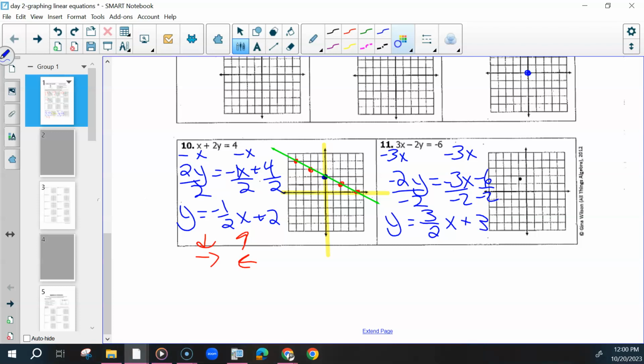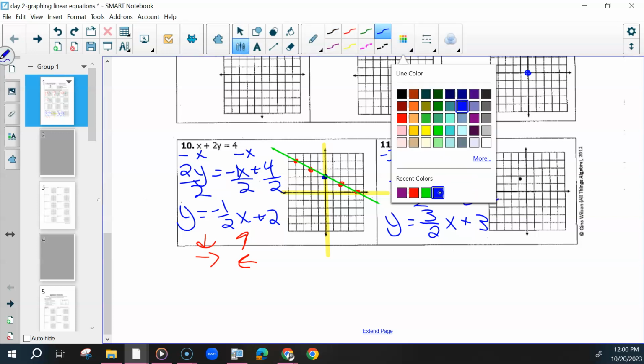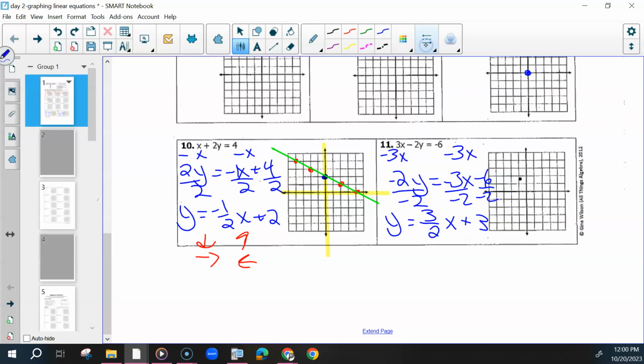Wait, how much power? Because it was 2 negative. A negative divided by a negative is a positive. So our slope is positive, so we can go up and to the right or down and to the left. Well, in this case, we can't go up. Correct.